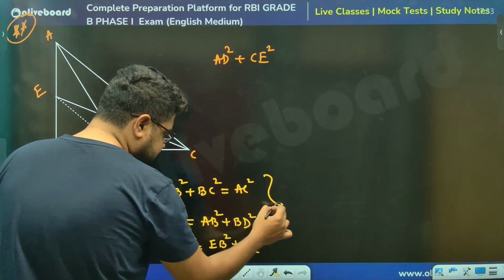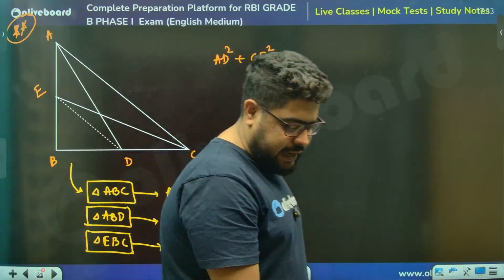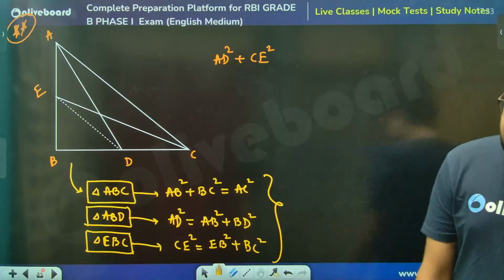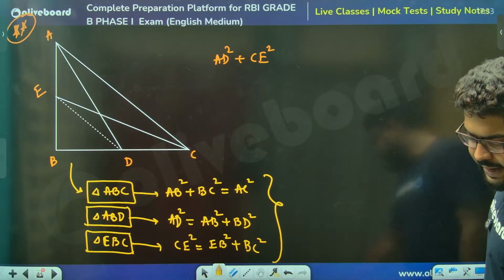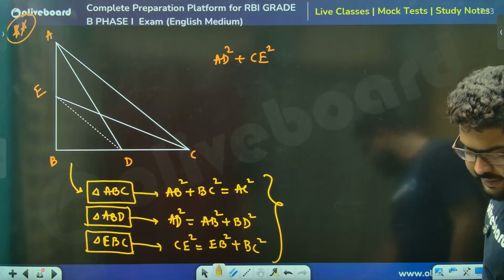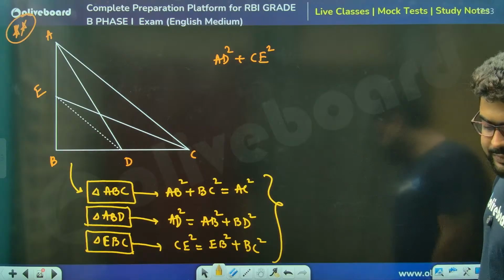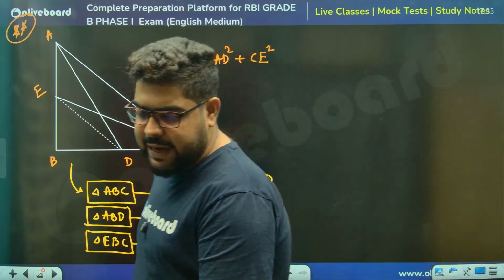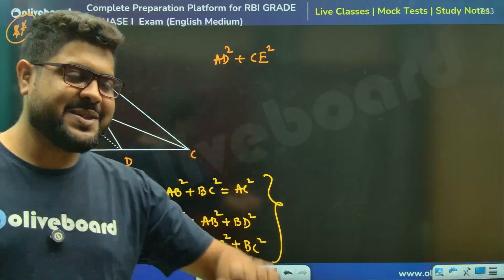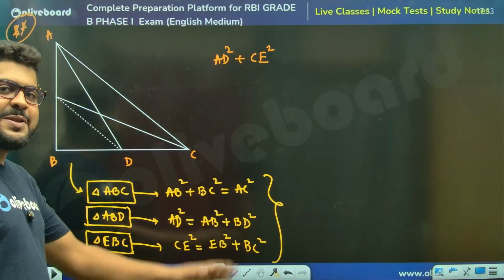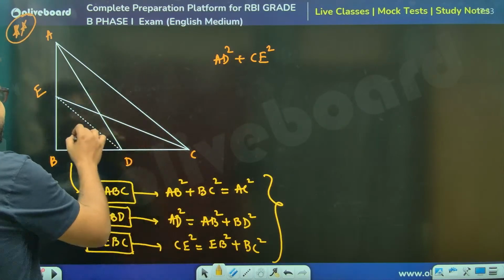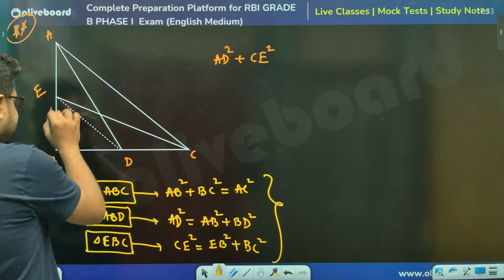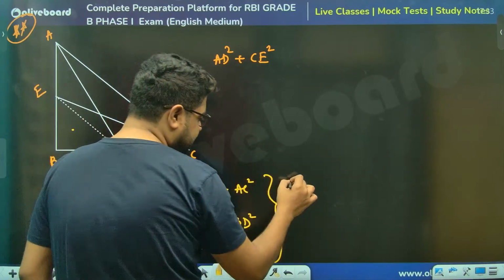Can you guys see any other right angle triangle that I might have missed, anything at all, sir? You see there is one smaller triangle, EBD.